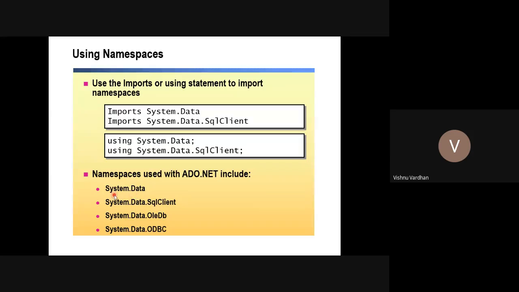So that is given with System.Data. Second one is Data.SqlClient. As I have said, this is working for the MS SQL servers. That means Microsoft based versions only it will be able to run.